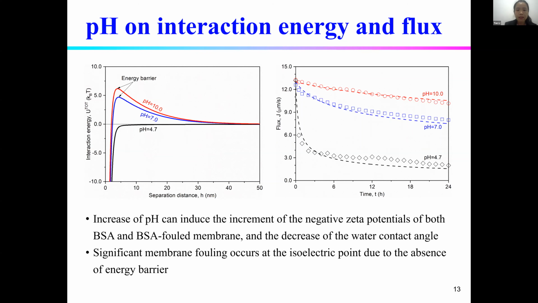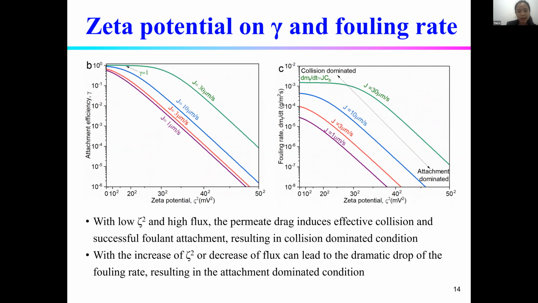Let's see the effect of zeta potential on the attachment efficiency and the membrane fouling rate. We find that with a lower zeta potential score and a higher flux, the permeate drag induces effective collision and successful foulant attachment.